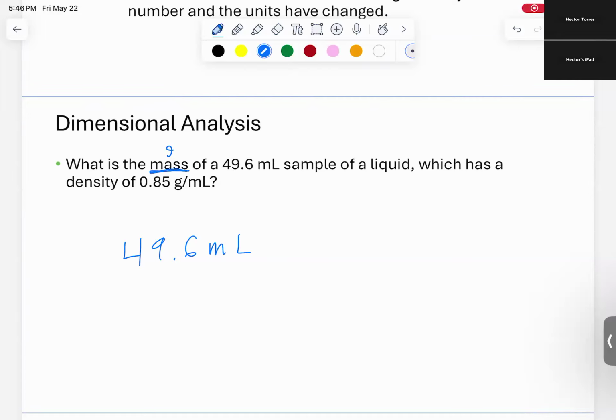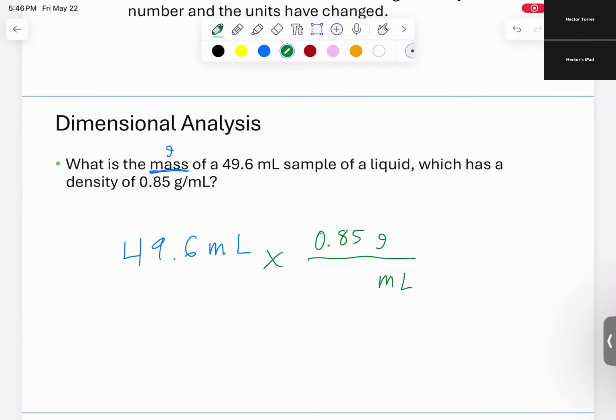If I want to get to grams, I have grams here, and I have mLs here, which looks like it might work out. So I'm going to put times, and like I said before, we want to cancel out this unit, so make sure to put that unit on the bottom. I'm going to put mL down here, and that means I'm going to have grams on top, which is 0.85.